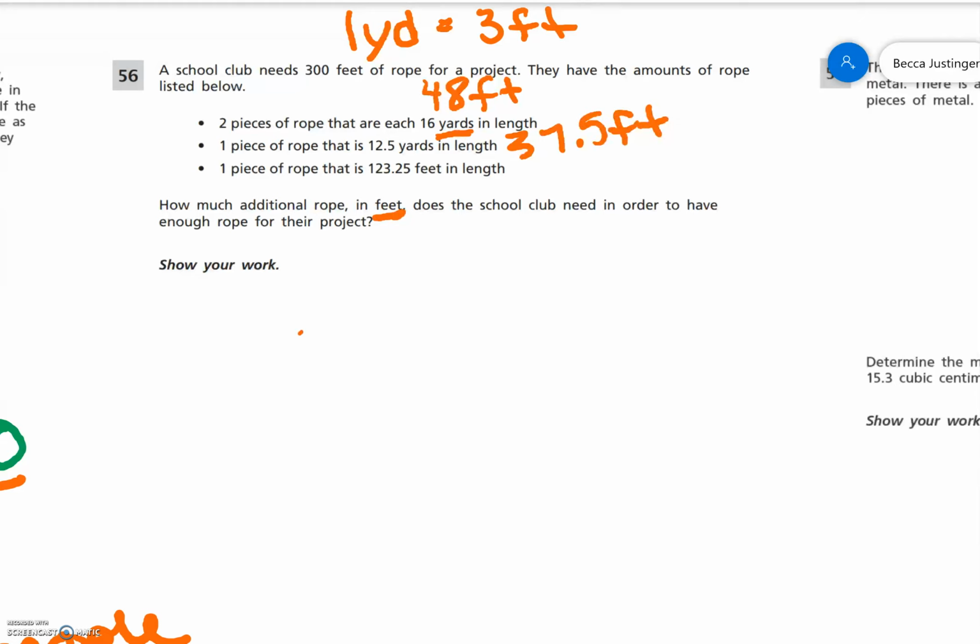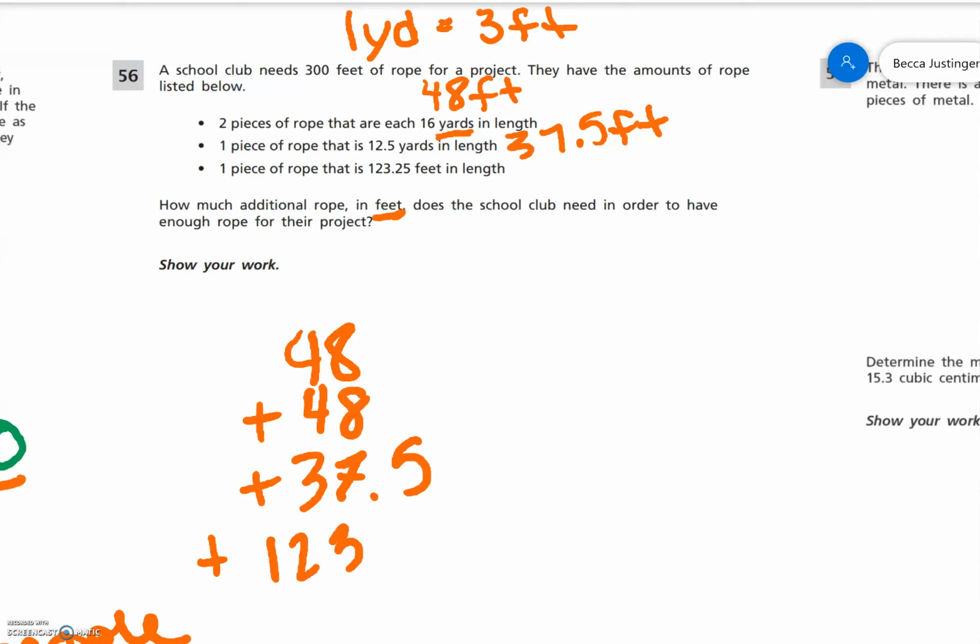So we have 48 plus 48, because there's 2 pieces of rope that are 48, plus 37.5 and plus 123.25. That's what we have already. So I'm going to find that total. Adding them all up, 48 plus 48 plus 37.5 plus 123.25.